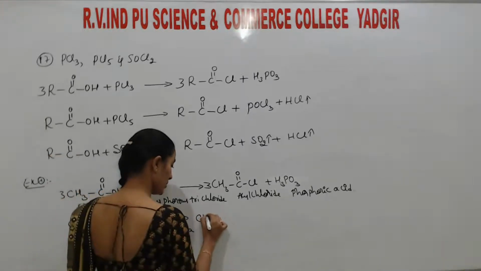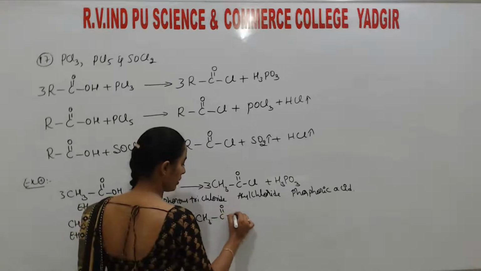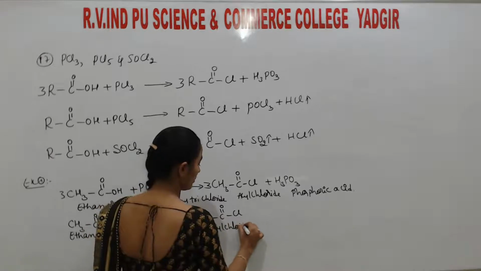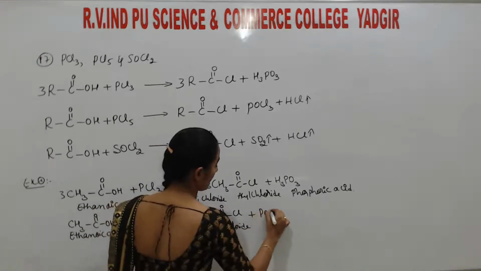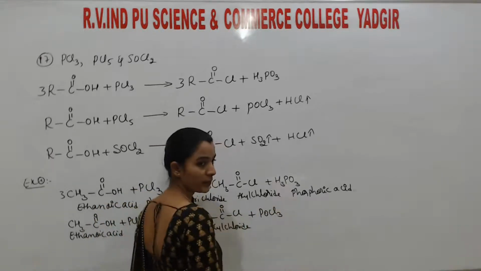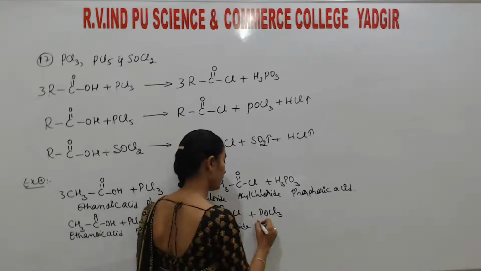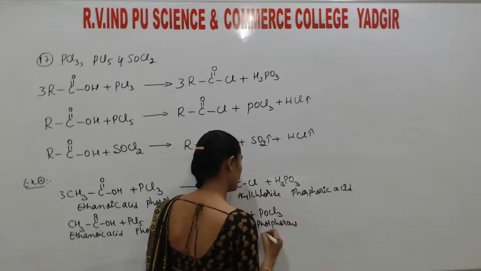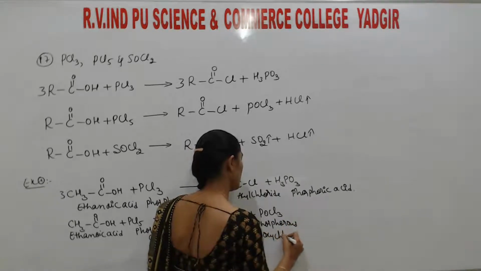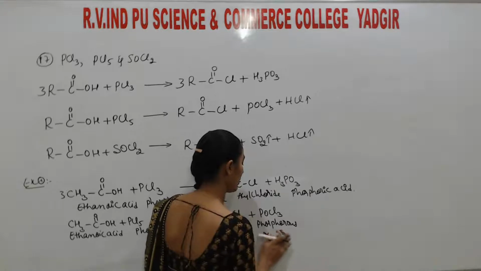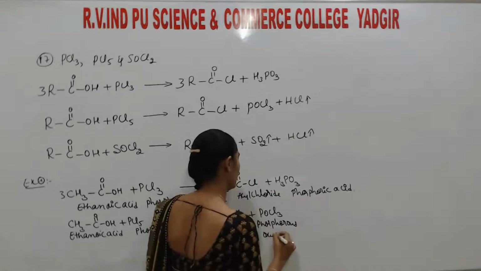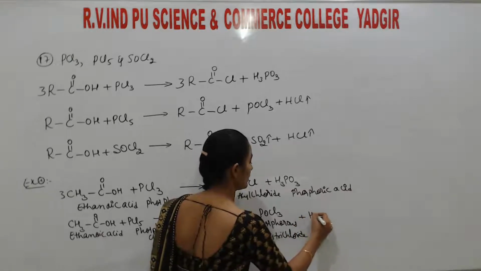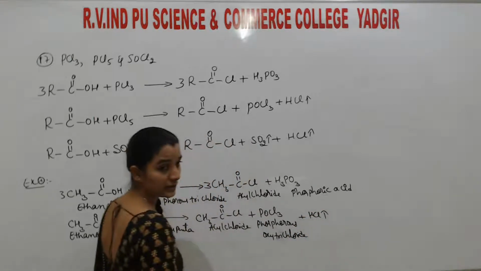It gives CH3COCl, that is acyl chloride, plus POCl3, phosphorus oxychloride, phosphorus oxytrichloride, not chloride, trichloride. Plus HCl. No need to write HCl.